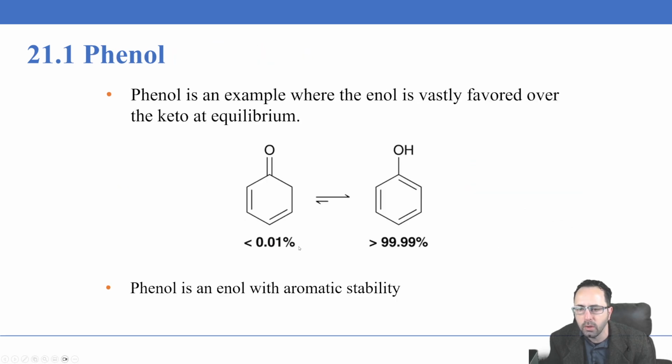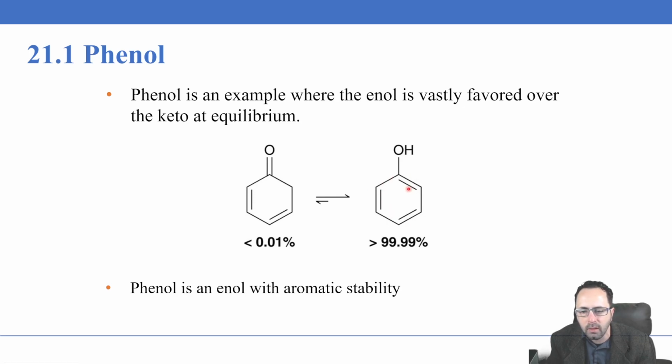Another example in which equilibrium favors the enol over the ketone is in the case of phenol. As we've learned in the previous chapters, there is a special stabilization to a resonant benzene ring due to aromaticity.